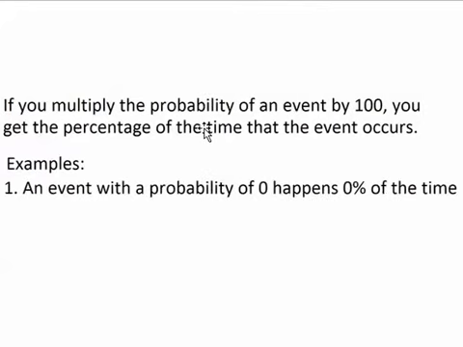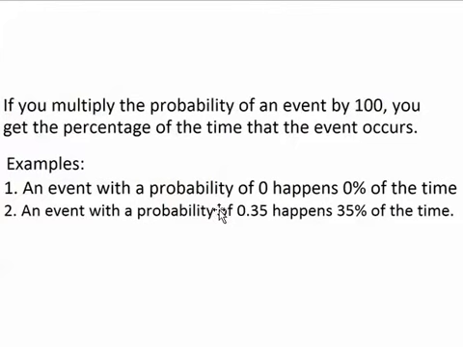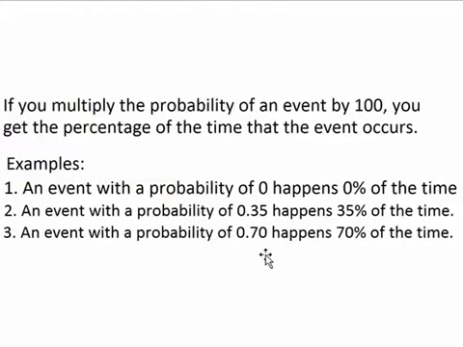Let's look at some examples. An event with a probability of 0 happens 0% of the time, because if you multiply 0 by 100, you get 0. An event with a probability of 0.35 happens 35% of the time, because if you take 0.35 and multiply by 100, you get 35. 0.35 times 100 equals 35. 0.70 times 100 equals 70.